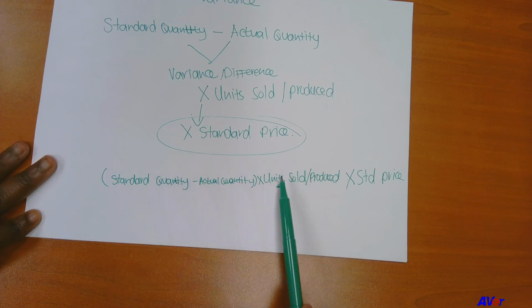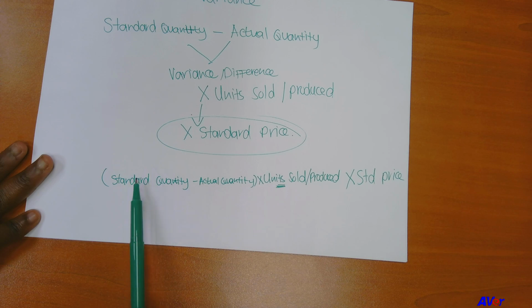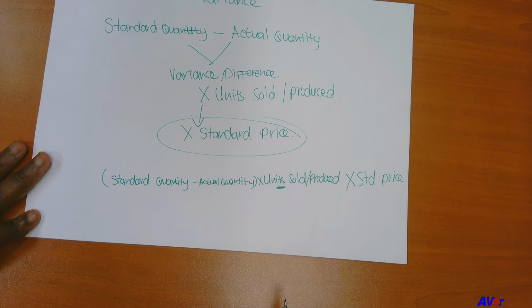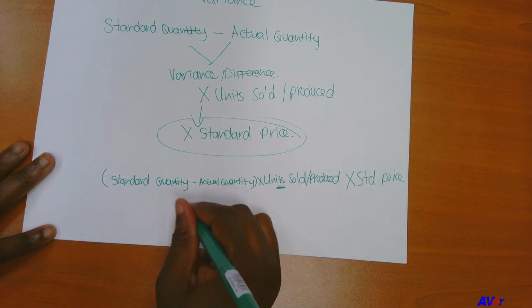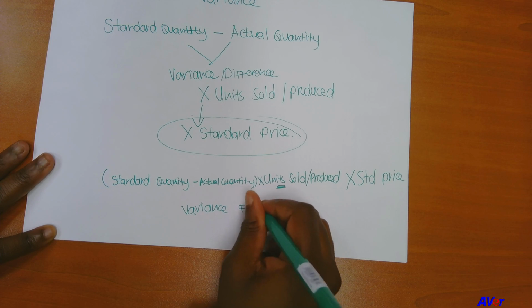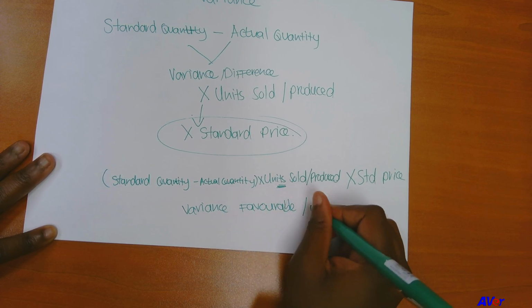This you can also do in one paragraph, but I expanded it here to make it easy for you, because you can say standard quantity in kilograms multiplied by the units, and then the actual quantity in kilograms multiplied by the units as well, and then you can multiply the final answer by standard price, and then you have a variance that is either favorable or unfavorable.